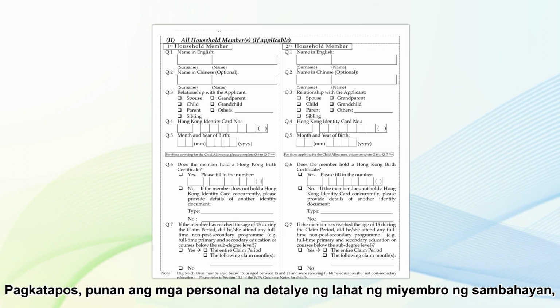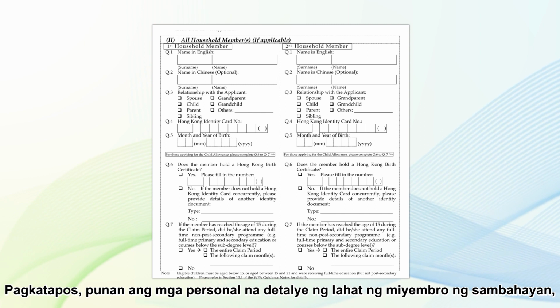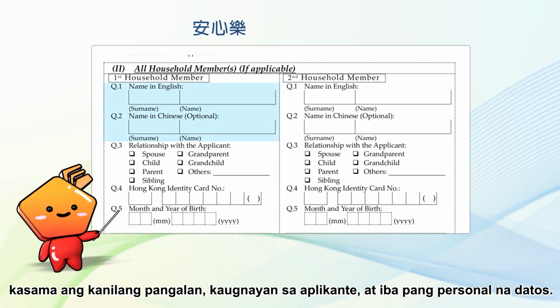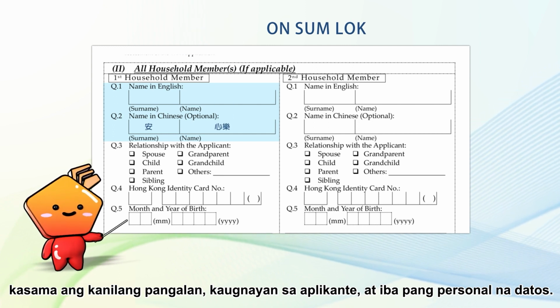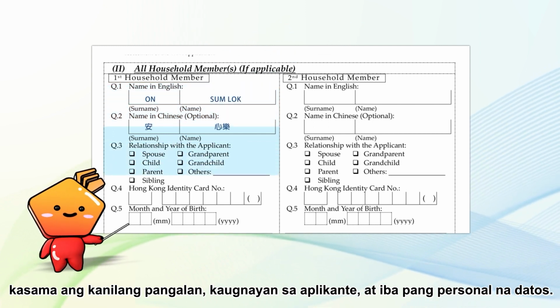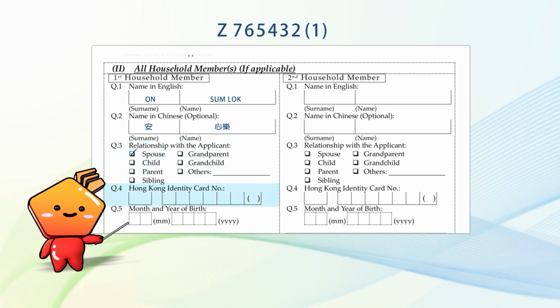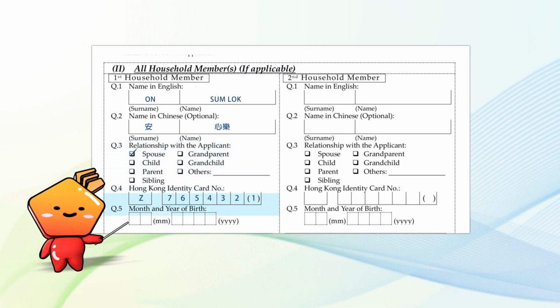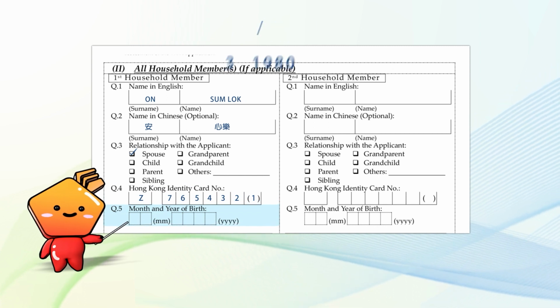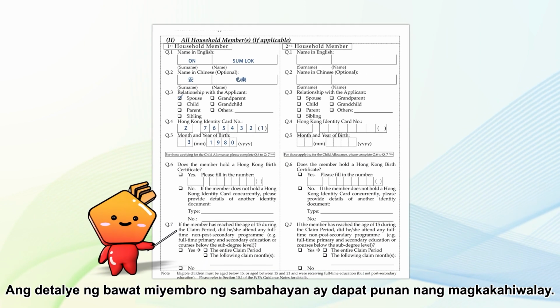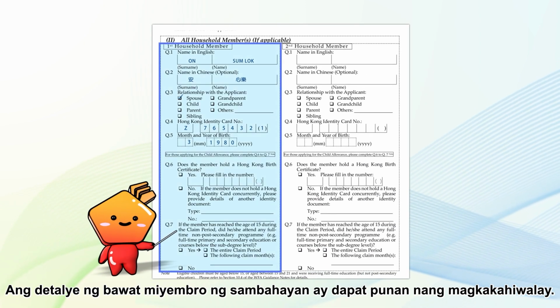Next, please fill in the personal particulars of all household members, including their names, relationships with the applicant, and other personal data. The information of each household member must be filled in separately.